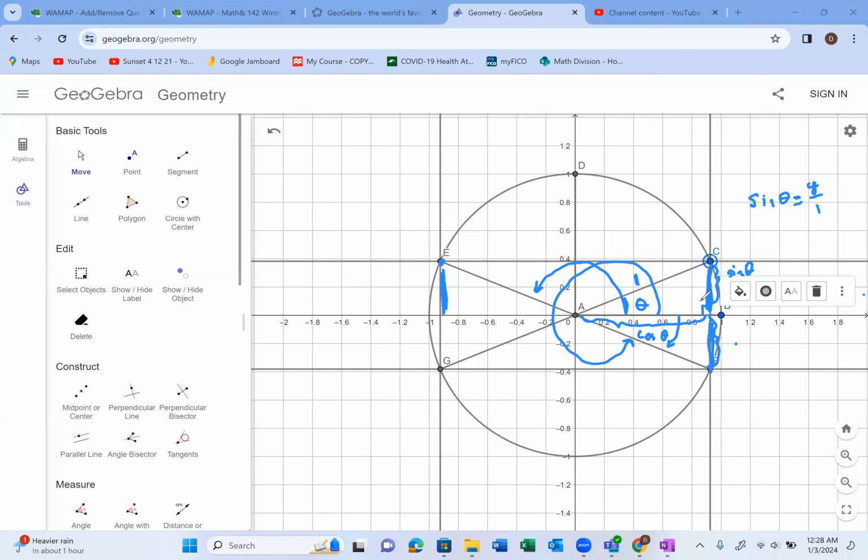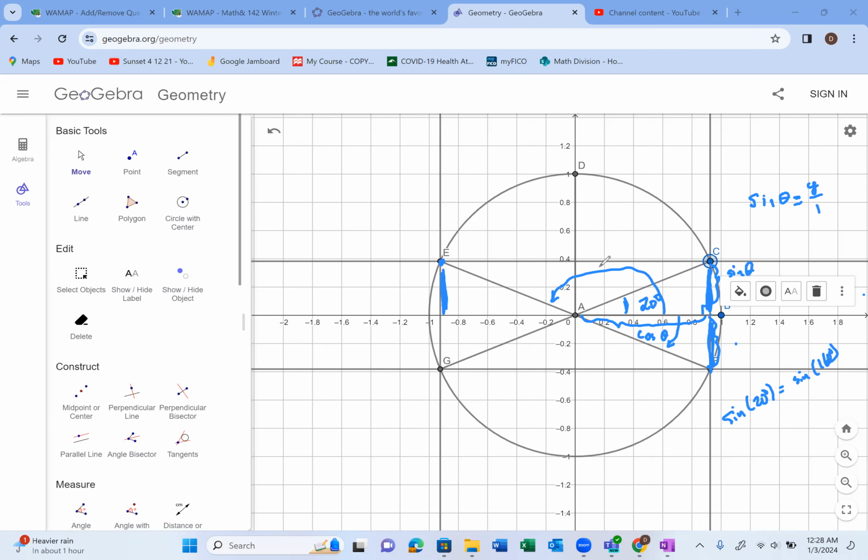Let's throw some numbers in there to make things make a little bit more sense. Let's clear out some of this. So if this angle is, say, 20 degrees, if that's a 20-degree angle, I know that the sine of 20 degrees is going to be the same as the sine of 160 degrees, right?